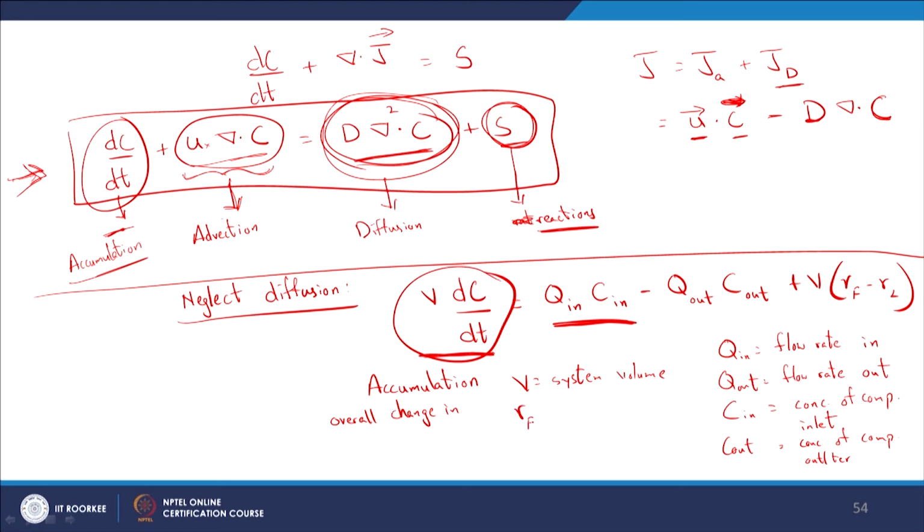RF is equal to your rate of formation of your compound, RL is equal to rate of loss of compound, right. So, again what do we have? Q in is the flow rate coming in at the inlet, C in is the concentration of your compound at the inlet, Q out is the flow rate going out of your system, and C out is the concentration of compound at the outlet, V is the volume of the system, RF is the rate of formation of your compound, and RL is the rate of loss of your compound.